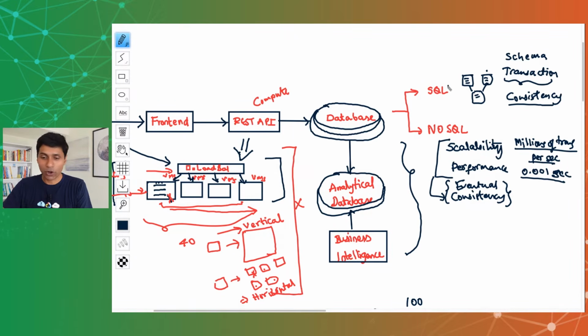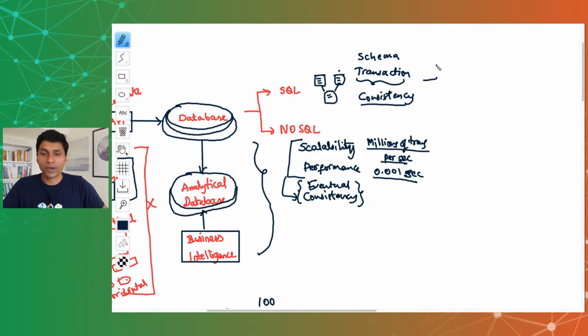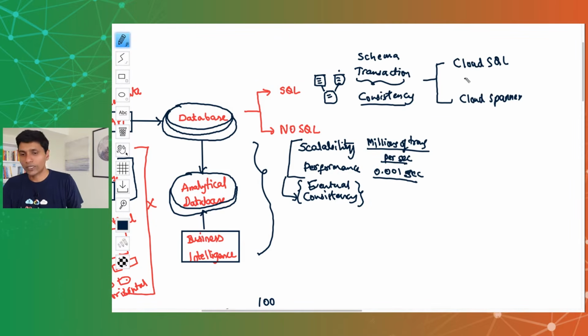So these are the categories of the database. Let's look at the specific offerings in Google Cloud in each of these categories. In Google Cloud, if you'd want to run SQL, you have two different options: Cloud SQL and Cloud Spanner. Now, when do you go for which one?